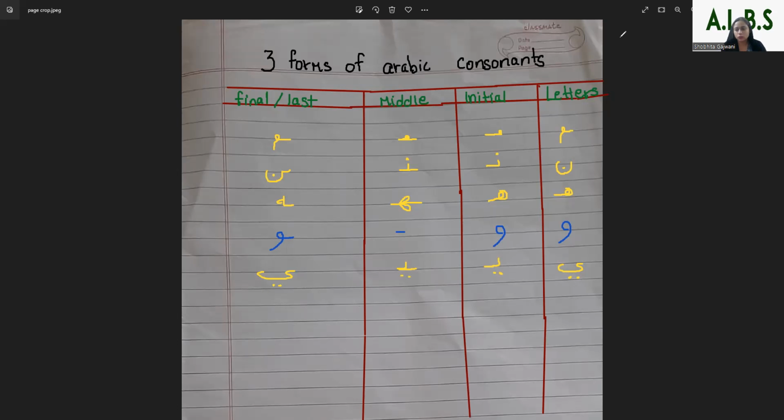So the pointers that you need to keep in mind while writing these letters and while understanding this concept. First, write down all the letters in the same manner as it is written.